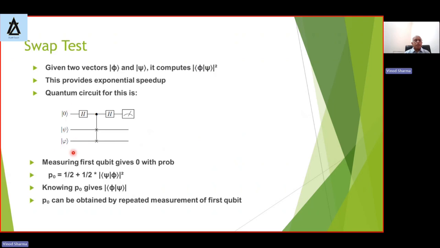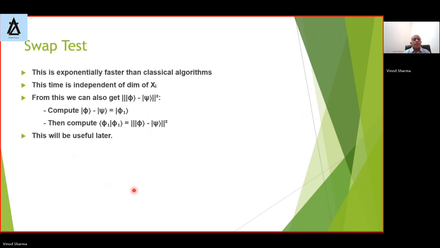Every time you start with this data and make a measurement, and find out how many times, let's say you repeat it 100 times and 40 times it turns out to be 0, then P0 is approximated by 0.4. So this is how you get P0, and from there, this quantity as well as this. This is exponentially faster than the classical algorithms to compute the inner product between two vectors. And importantly, this is independent of the dimension of the vectors phi and psi.